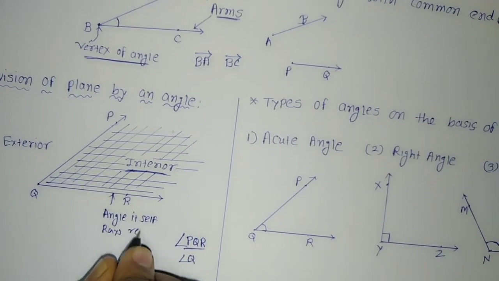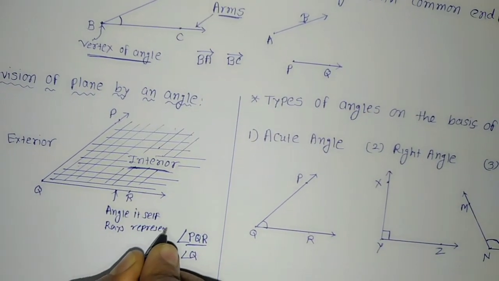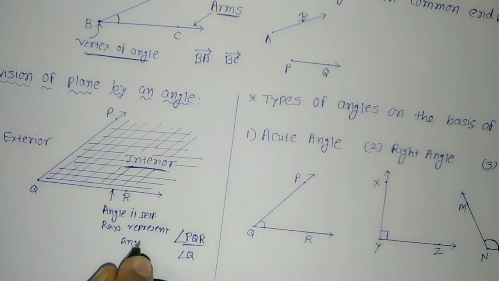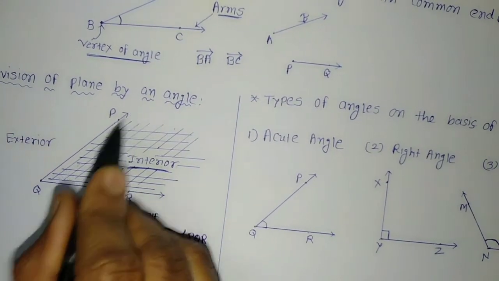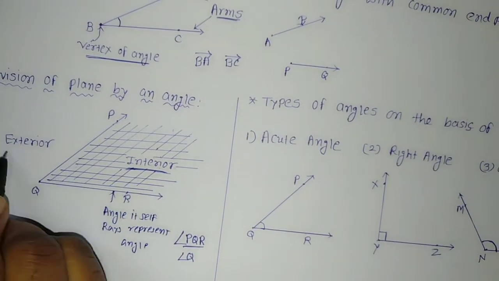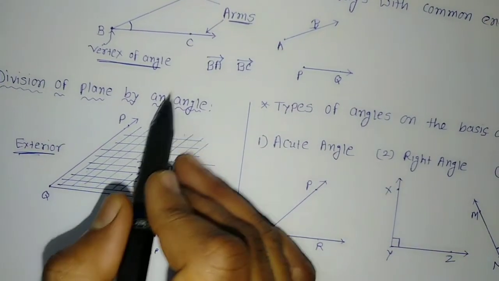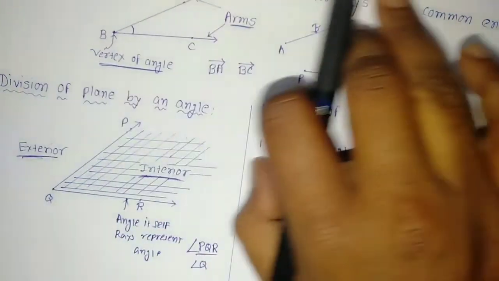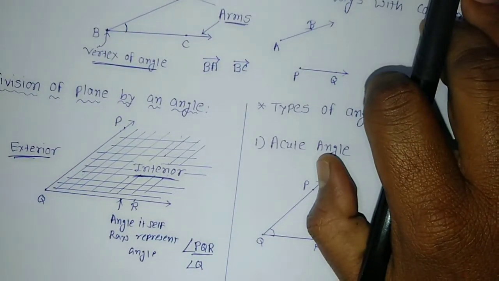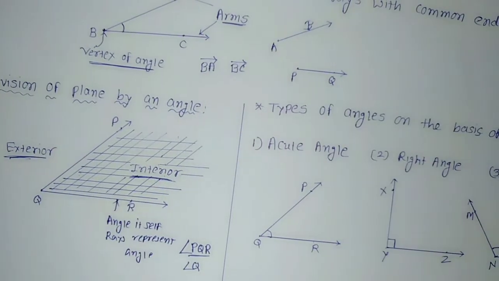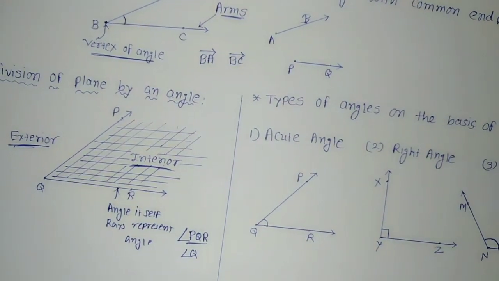Other than these two parts, interior and angle itself, the remaining part is considered the exterior part. So the inside part will be the interior, and the remaining part will be considered the exterior part of the angle.